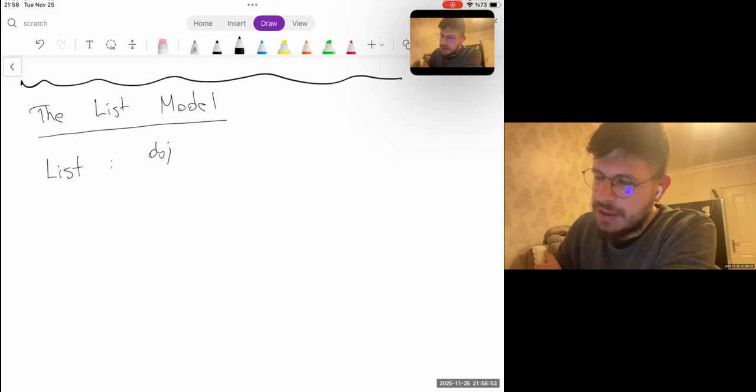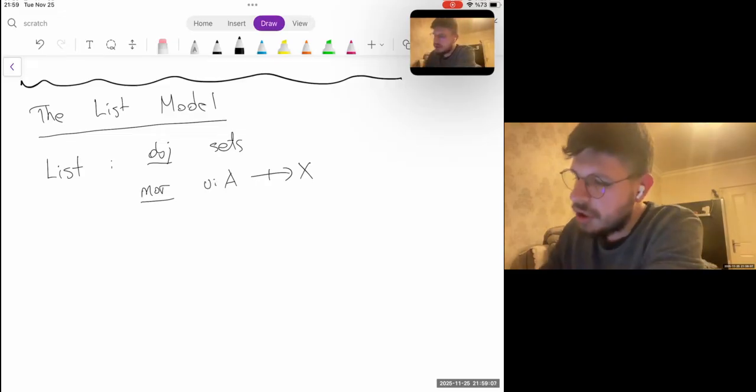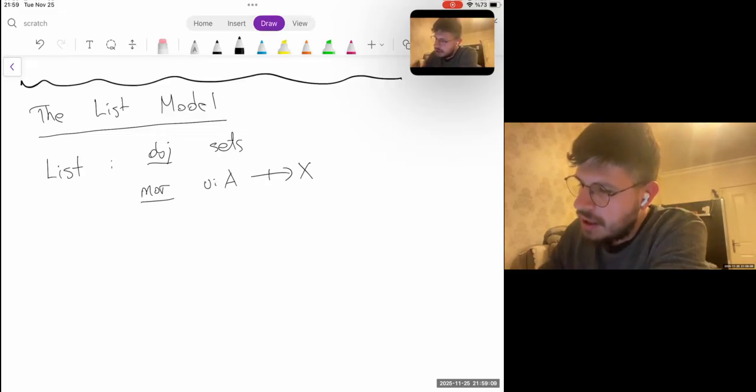and the objects are sets and the morphisms. So I have a set A and a set X, and the morphisms I denote with a slash. These are not functions.